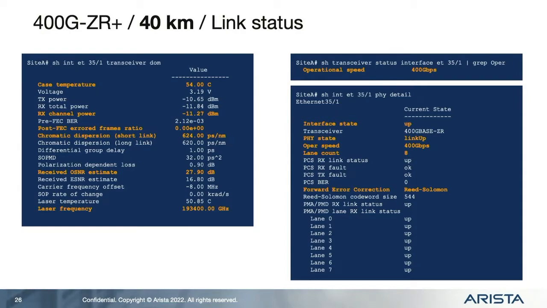Chromatic dispersion, now this is the short link, so 600 picoseconds per nanometer looks about right. We can do the maths on that, at 17 picoseconds per nanometer per kilometer, and translate that to roughly a 40 kilometer link. And yes, OSNR looks good, and we can see the frequency.